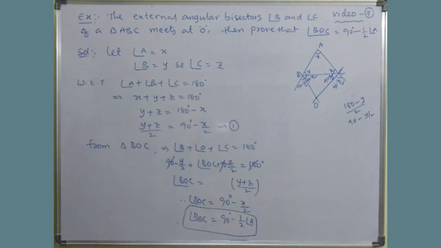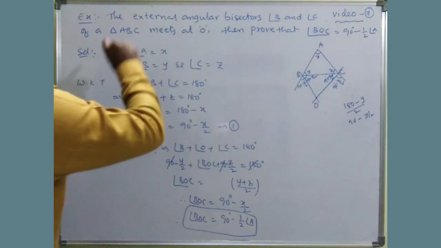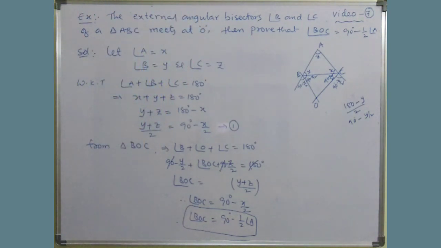So in case of internal angular bisectors, angle BOC is equal to 90 degrees plus half of angle A. Whereas if it is external angular bisectors, then angle BOC is equal to 90 degrees minus half of angle A.